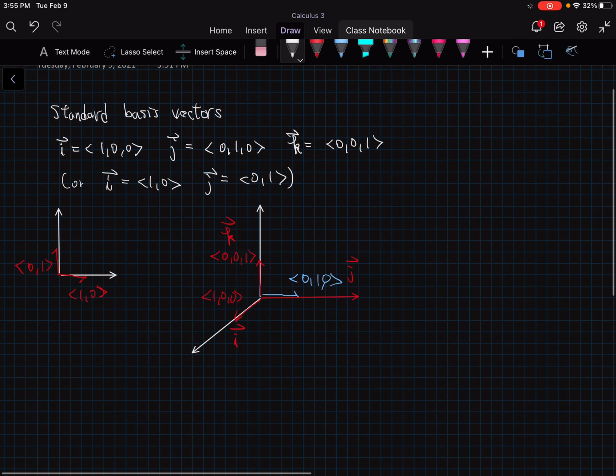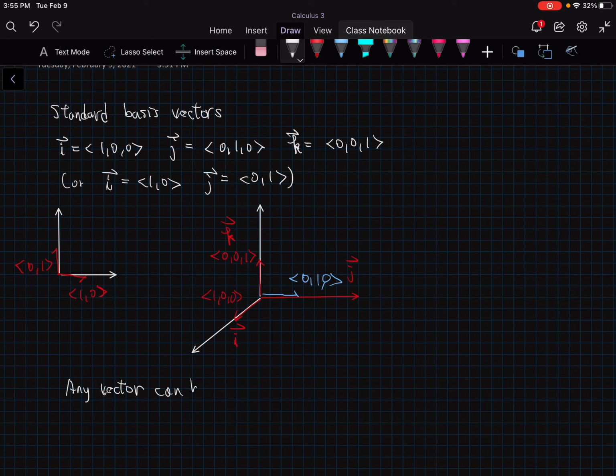So any vector can be expressed as a combination of I, J, and K in three-dimensional cases.